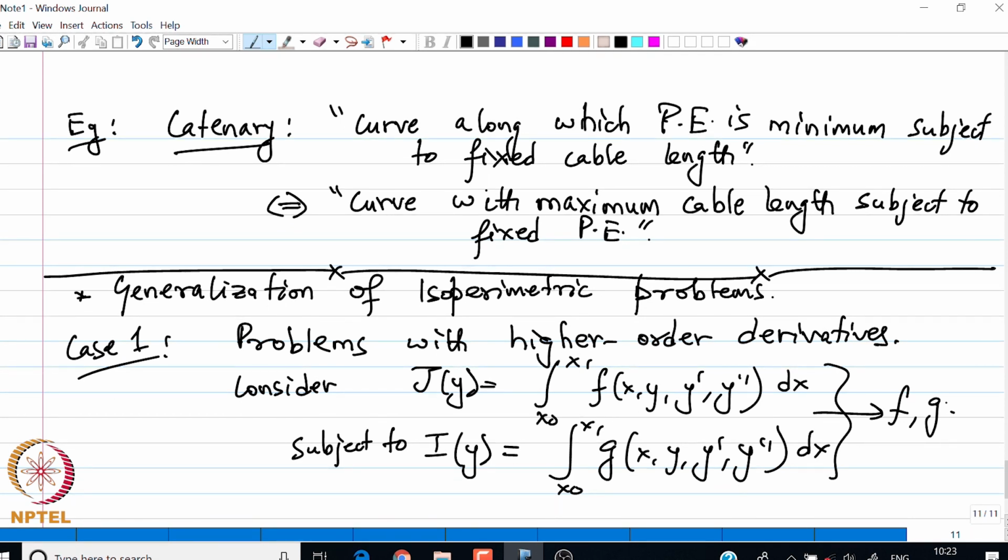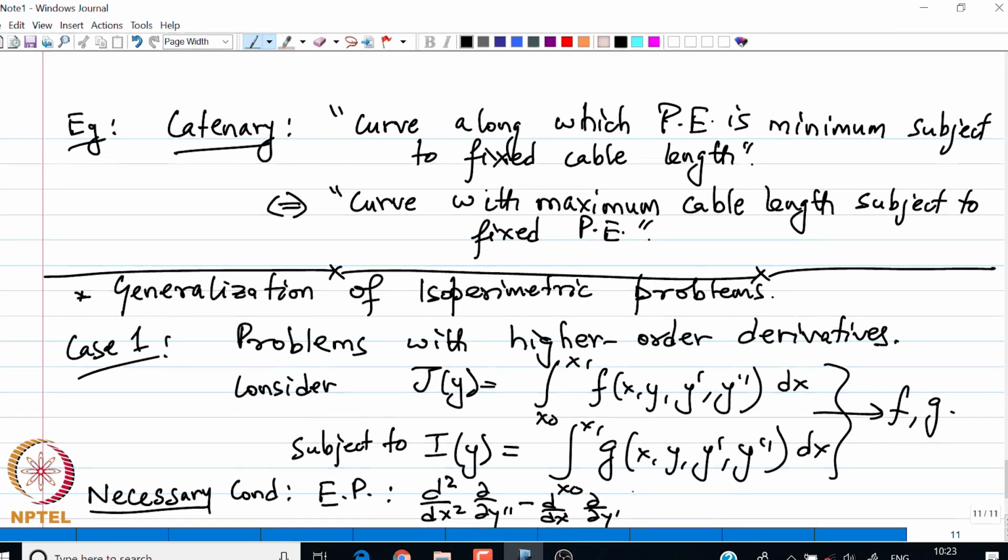Then the necessary condition in this case, I am not going to go into the derivation, is the Euler-Poisson equation, which tells us that the extremal needs to satisfy the following equation: partial F by partial y, minus d by dx of partial F by partial y prime, plus the second derivative term, is equal to 0, where F is equal to f minus lambda g, and lambda is a constant.